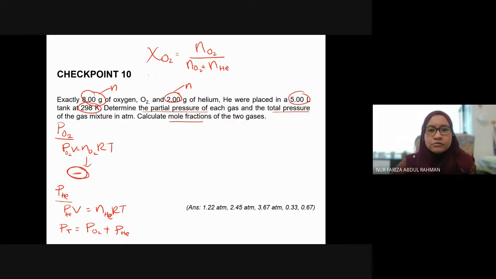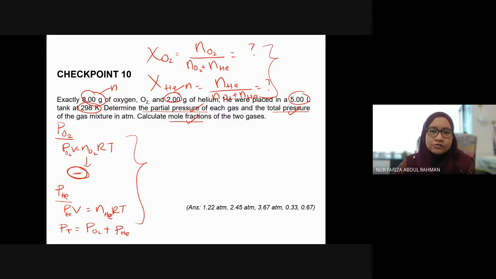Okay, right, so the mole fraction for helium is n for helium divided by n oxygen plus n helium. So likewise you will get the mole fraction settled. So we have the partial pressure, the total pressure, and also the mole fraction. Okay, alright, alternative to this method. The mole fraction, you still need to use the same method in order to find it.